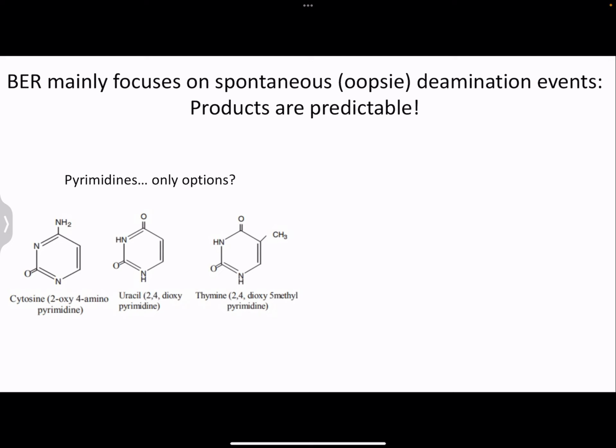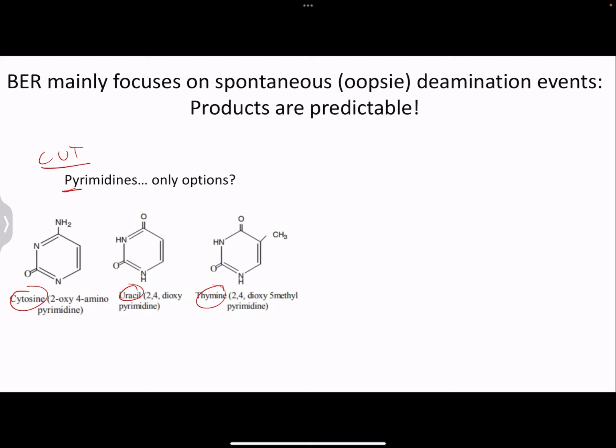BER, but a little bit more about the deamination events that we can see. The deamination is just like a spontaneous ripping off of the ammonia group on our nitrogen base. So if we look at all of our pyrimidines, you should memorize a little bit what deaminates into what, but it should actually make sense, right? We have cut the pie, CUT, cytosine, uracil, and thymine.